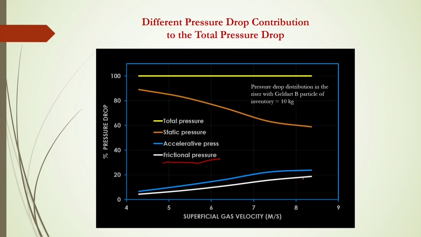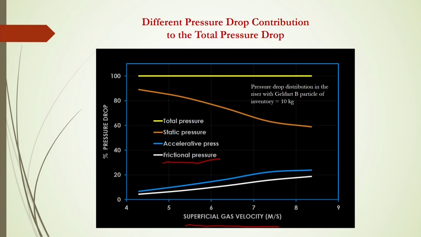Then we can see the percentage contribution of the static, accelerative and frictional pressure drops. The frictional pressure drop increases with the superficial gas velocity, and the accelerative pressure drop also increases with the superficial gas velocity, whereas the static pressure drop decreases with the superficial gas velocity. Why?